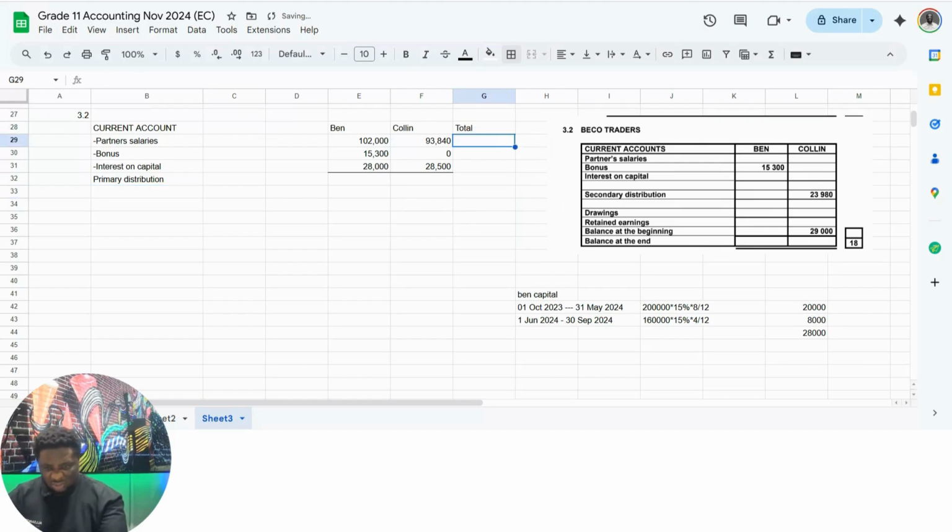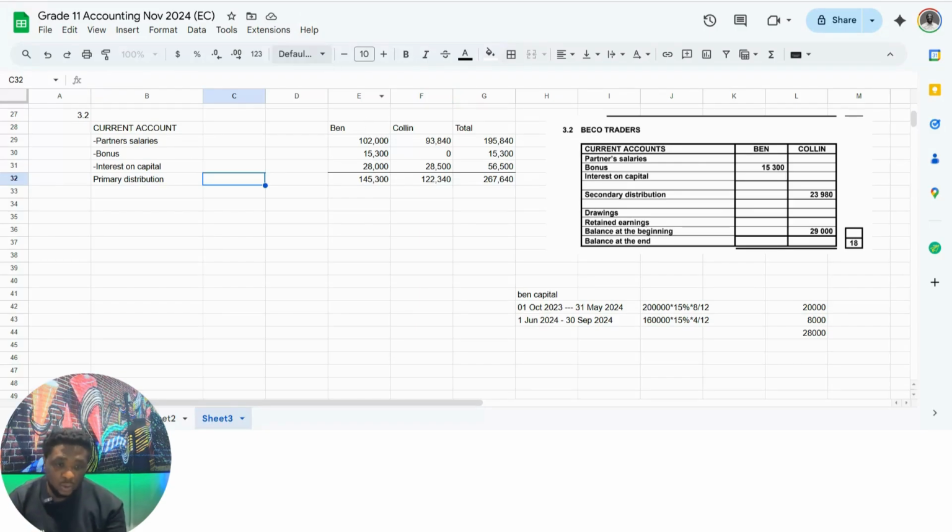You don't have to if it's not asked, but I'm just doing it just in case. Okay, there you go, 145. And then the total is the 267,640. Okay, cool. So now we got the primary distribution of the profits.